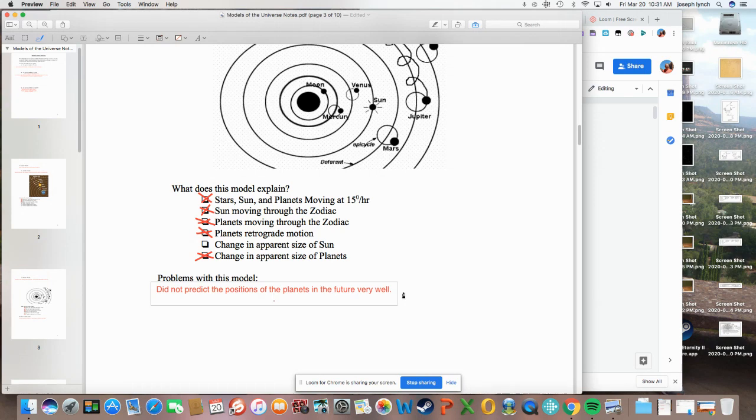And it became very complicated. To predict where the planets would be in the future better, they kept adding cycles on cycles. And it just got to be a giant mess.